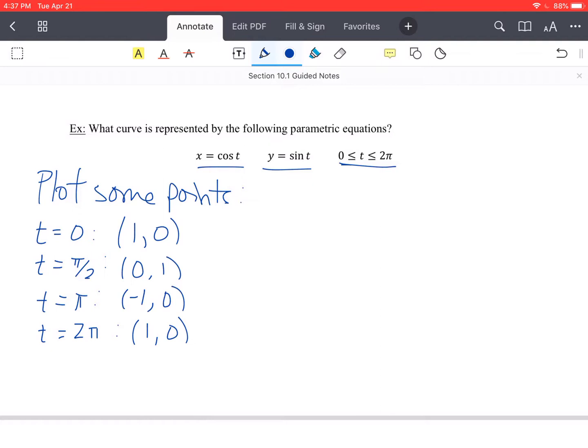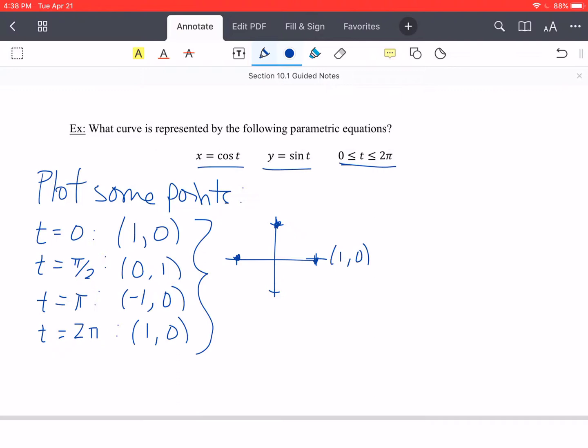So think about these points that we just got, and think about what curve this might be that we're working with here. You can pick any values you want in between 0 and 2 pi to check this, but it looks like we started off at 1, 0 over here, and then we went to 0, 1, negative 1, 0, and then back around to 1, 0, right?